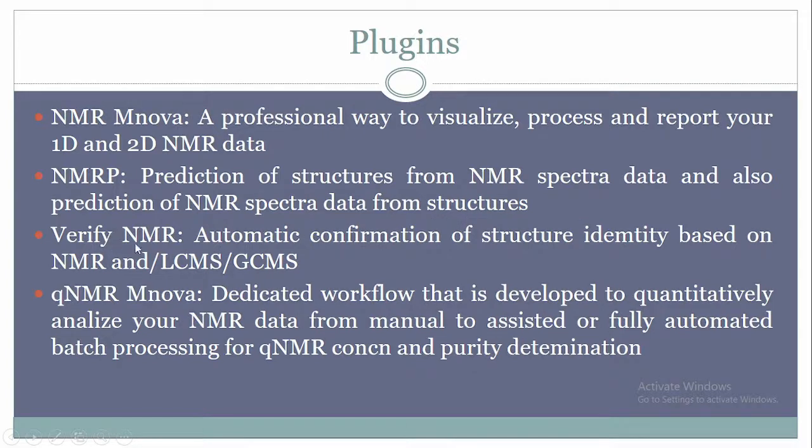We also have a plugin that is an NMR verify. It automatically confirms the structure of an identity of your compound based on the NMR and other spectroscopic techniques that you have run. We also have quantitative NMR Nova. It is a dedicated workflow that is developed to quantitatively analyze your data from manual to assisted or fully automated batch processing.